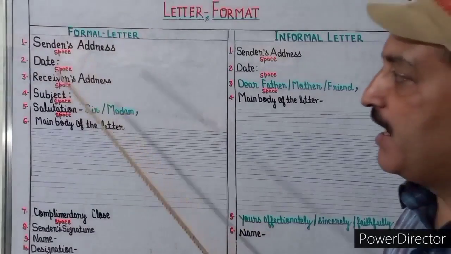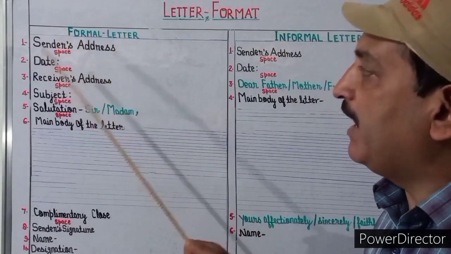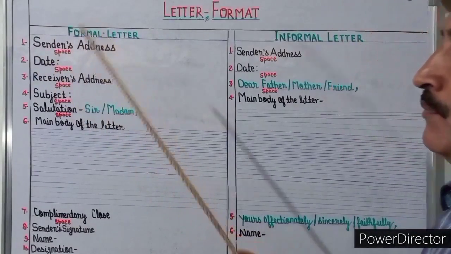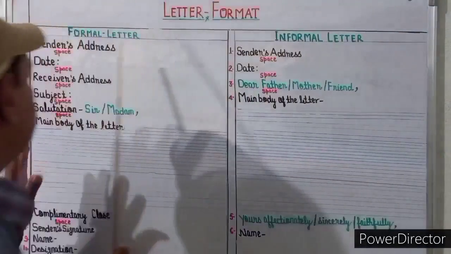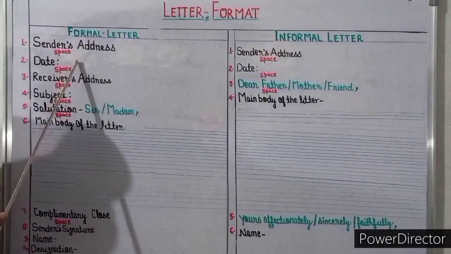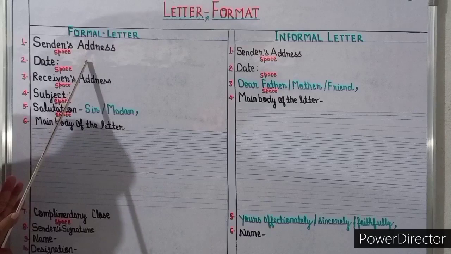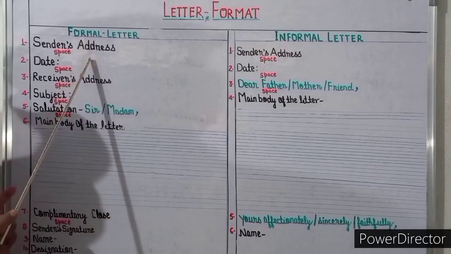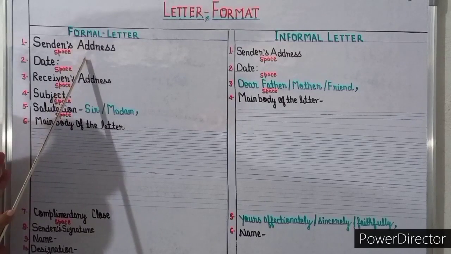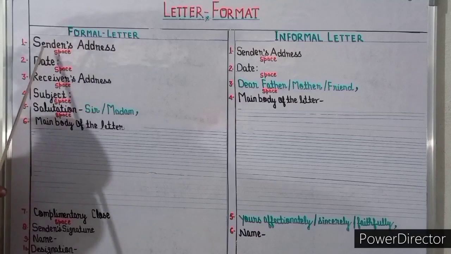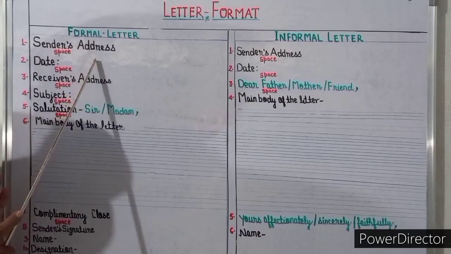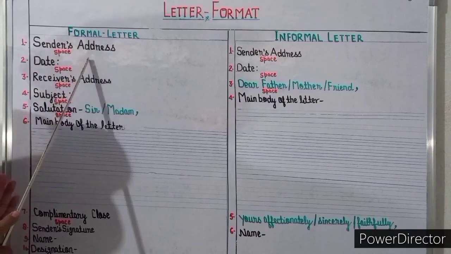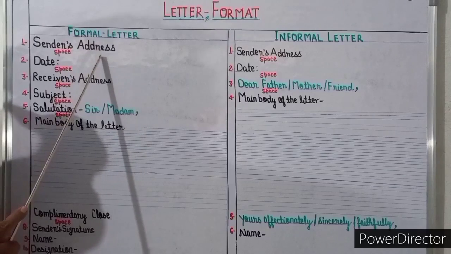Means sender's address is written in the upper left corner. It should be in 3 lines. Means it is better if it is in 3 lines. There must not be only a single line for sender's address. Sender means the person who is writing the letter.